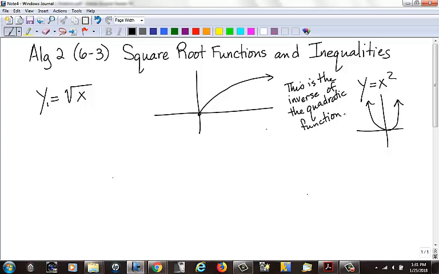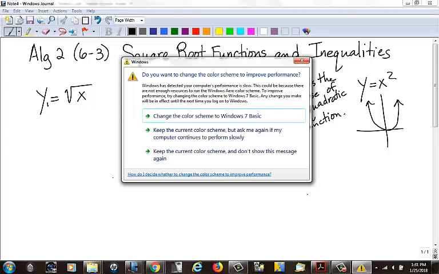Let's go y max maybe 4. Oh, wait a minute, I'm changing the wrong one. Sorry. Let's go x max 6. Let's go y max 6. Let's see if that's better. Okay, we can see it a little bit better then.